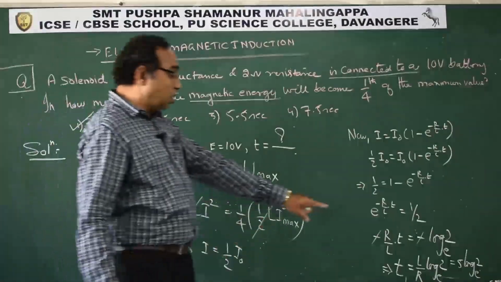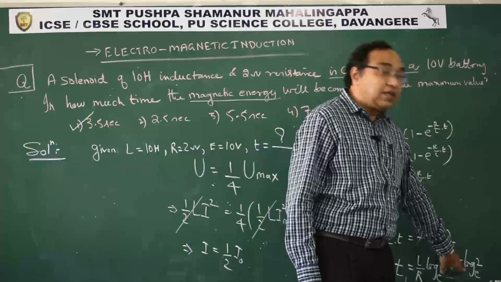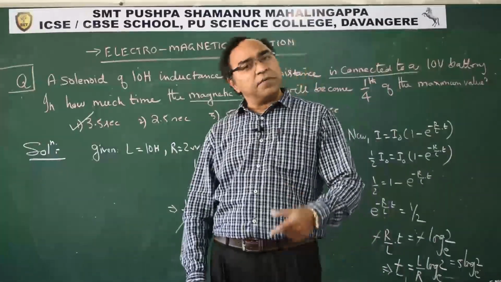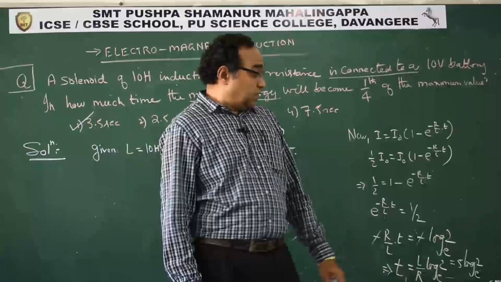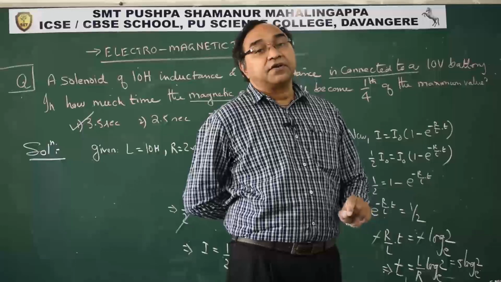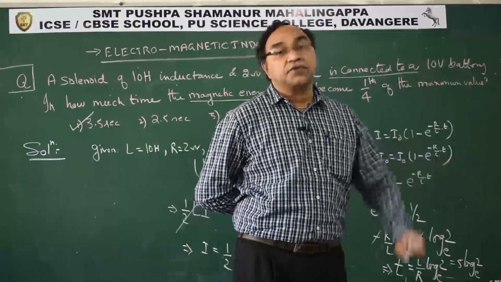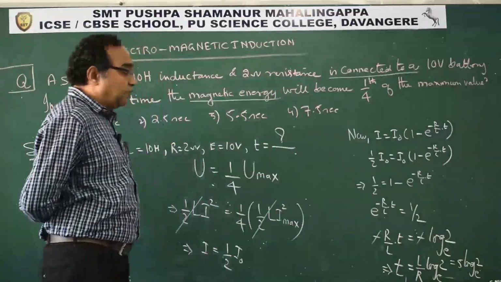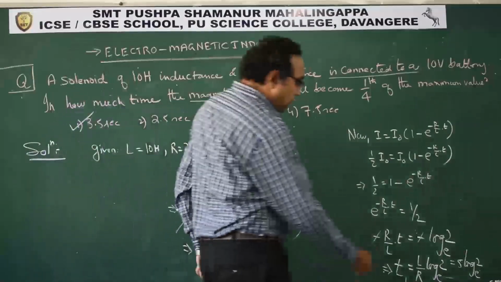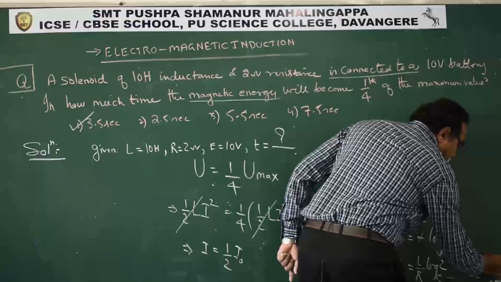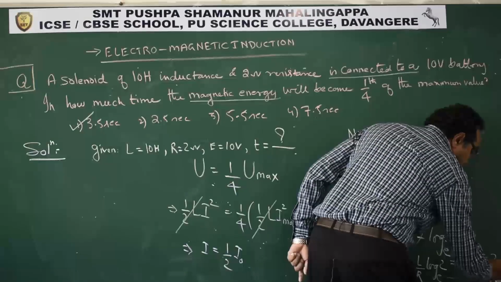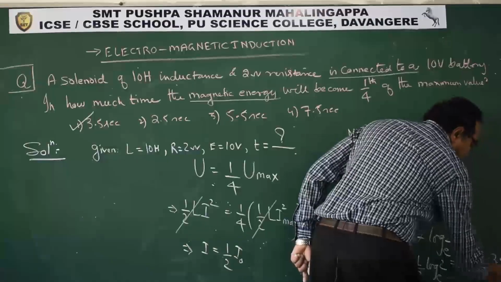Remember, log 2 to the base e is 0.693, approximately 0.7, while log 2 to the base 10 is 0.3010. If we remember that, our calculations become easy. So this is 5 into 0.7, so it is 3.5 seconds is your answer.